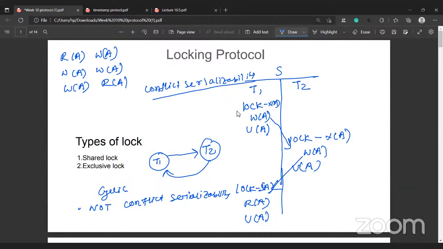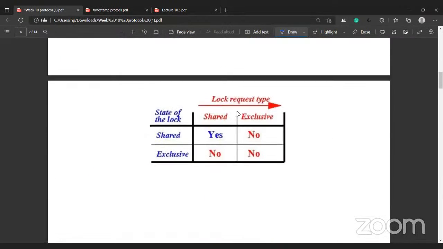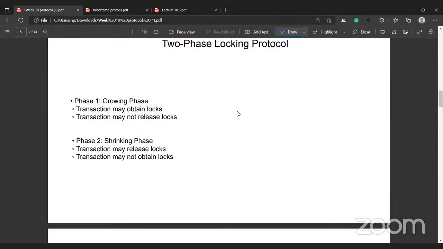So everyone got how to draw a precedence graph? Okay. The locking protocol alone does not ensure conflict serializability. That's why we go to two-phase locking, right?